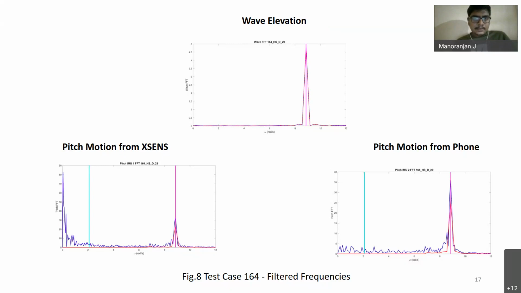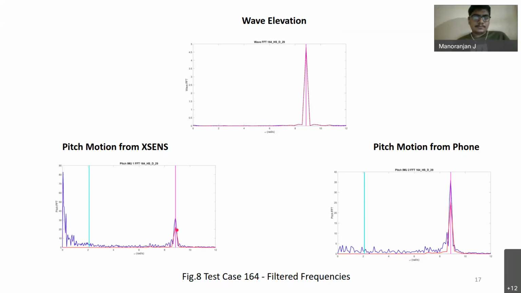As you can see, the red line flattens out outside that range, and you only have a single peak, which corresponds to the pitch response.